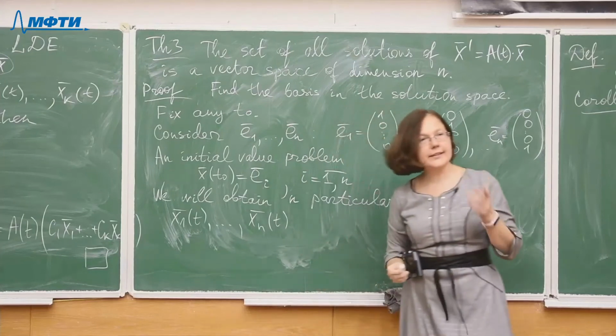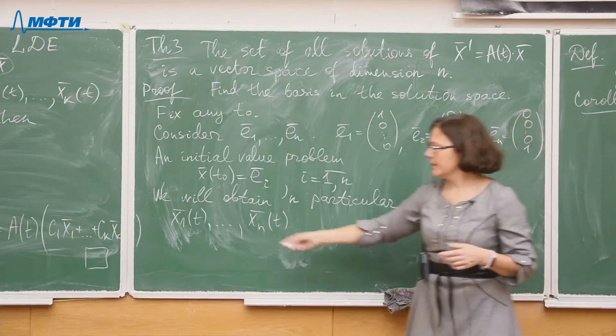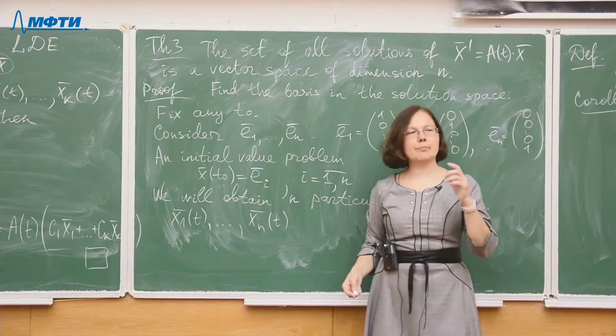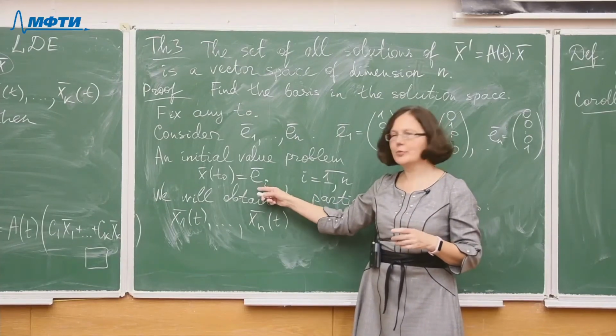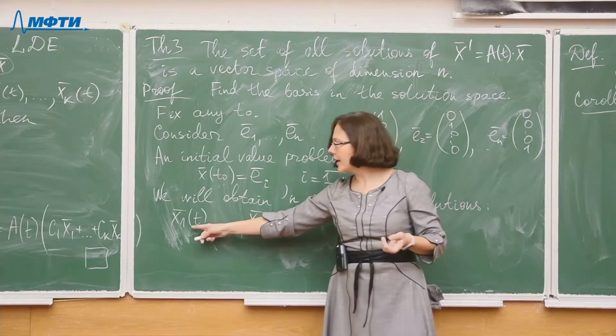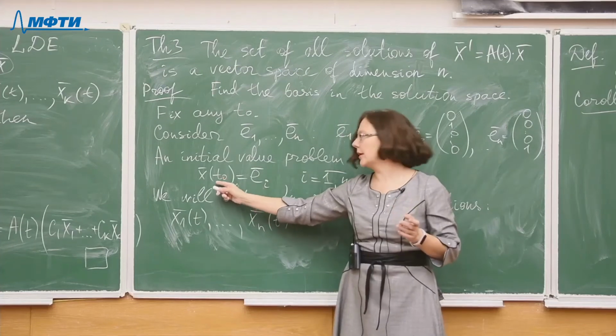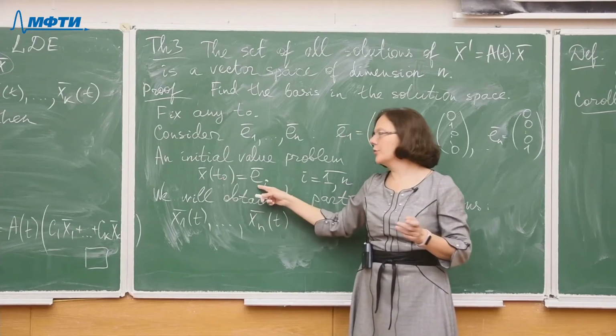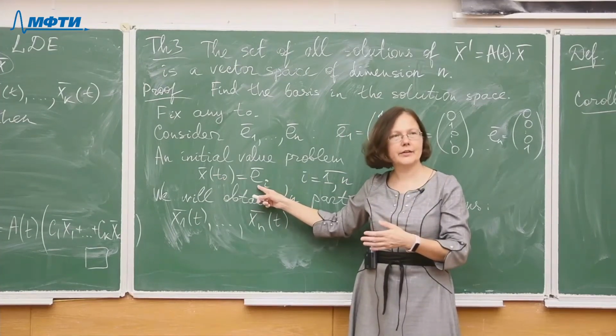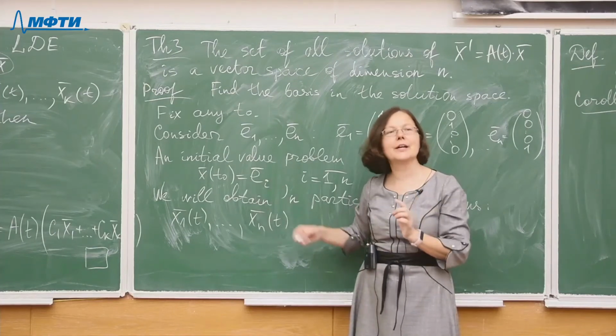Is it clear? Each of these functions is a particular solution of the corresponding initial value problem. So x1 corresponds to the initial value problem x of t0 equals e1. Right? So we start with this point.